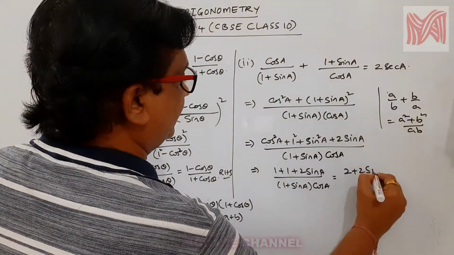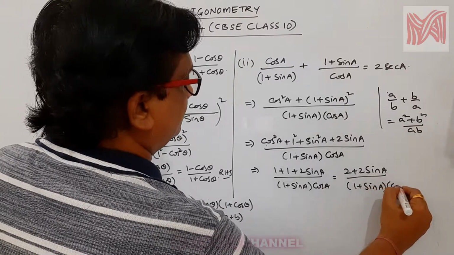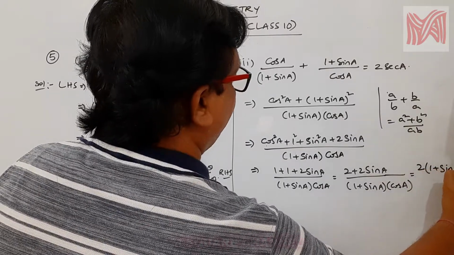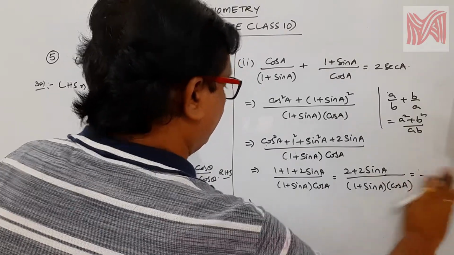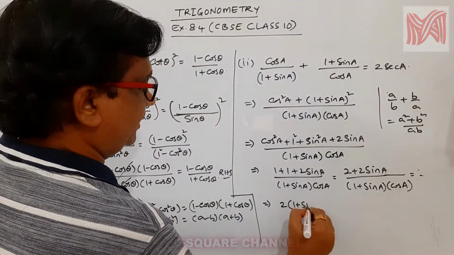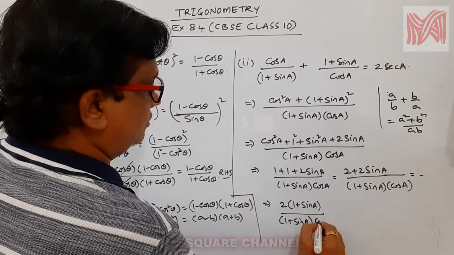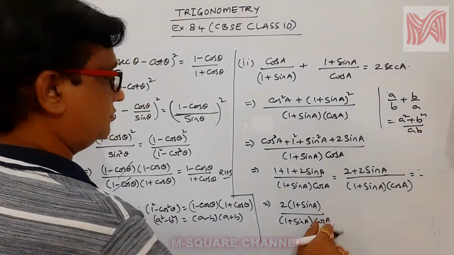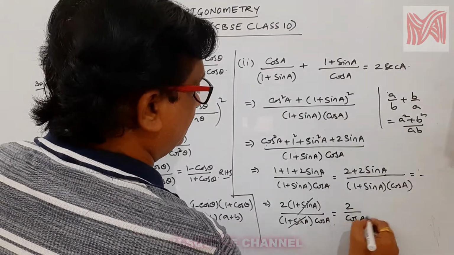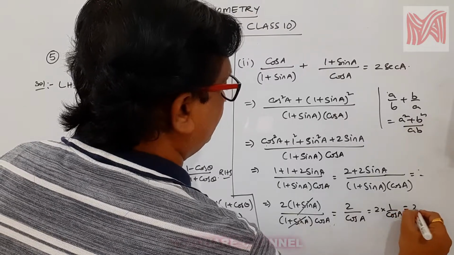So 2 plus 2 sin a by 1 plus sin a. Don't multiply the denominator, leave it like that. So 2 into (1 plus sin a) by (1 plus sin a) into cos a. So 1 plus sin a cancels, and 2 by cos a will be there. That is 2 into 1 by cos a, and reciprocally that is secant. That's why 2 into secant.